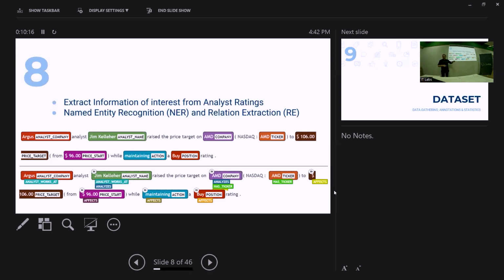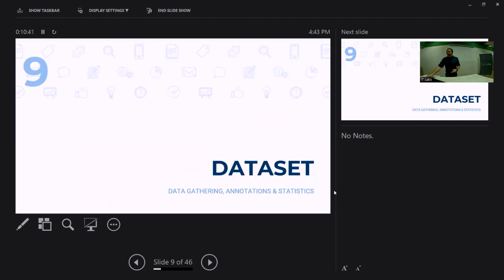It means that Jim Kelleher, the analyst name, actually works at Argus, but he analyzes this company, and the company has this ticker. So we have also tagged the relation between the entities. So we have two tasks: first, tag the entities, and then tag the relation between the entities.